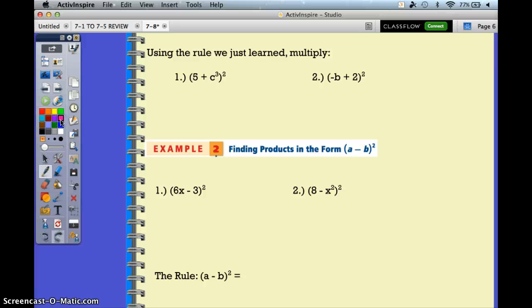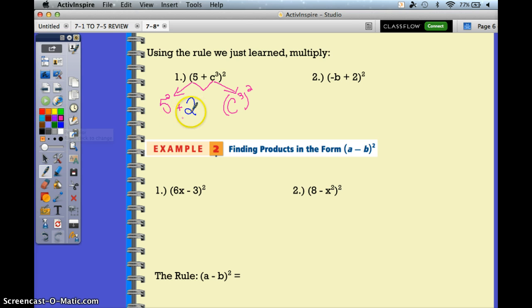So we know here that we would take this to the left and square. It'd be 5 squared. We would take c cubed on the right and square it. So we get c cubed squared. And then our middle term, we would have plus 2, because it's always twice.